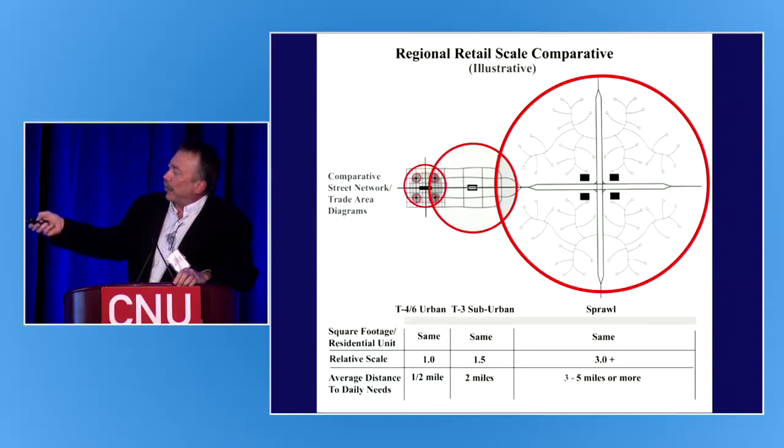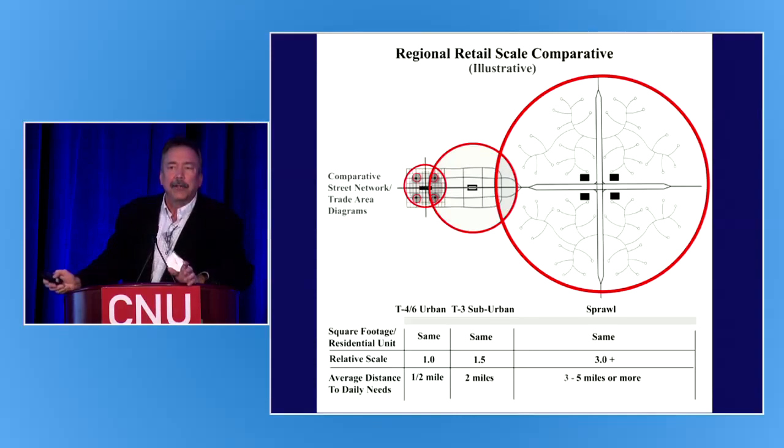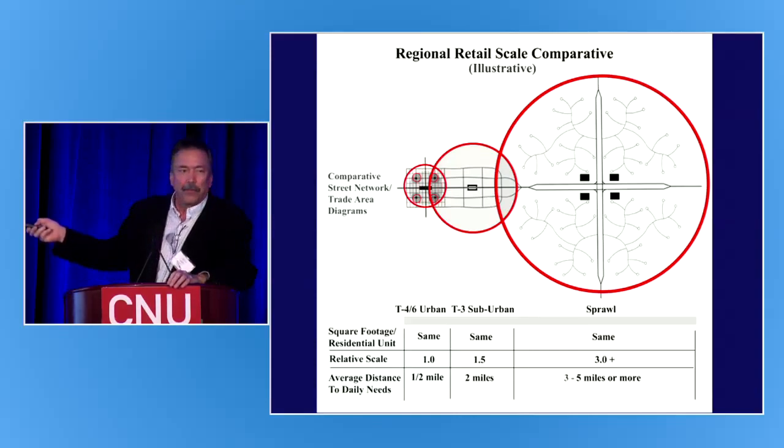You don't have a multitude of options for getting from point A to point B like you do in the gridded fabric. You're more or less obligated to come out to the major arterials and then to the major arterial intersection on your way to or from work. And what the retailers quickly figured out was that you no longer have to go into the neighborhood to serve that consumer market. All you have to do is park yourself right there, and you'll drive right by their front door twice a day, guaranteed.